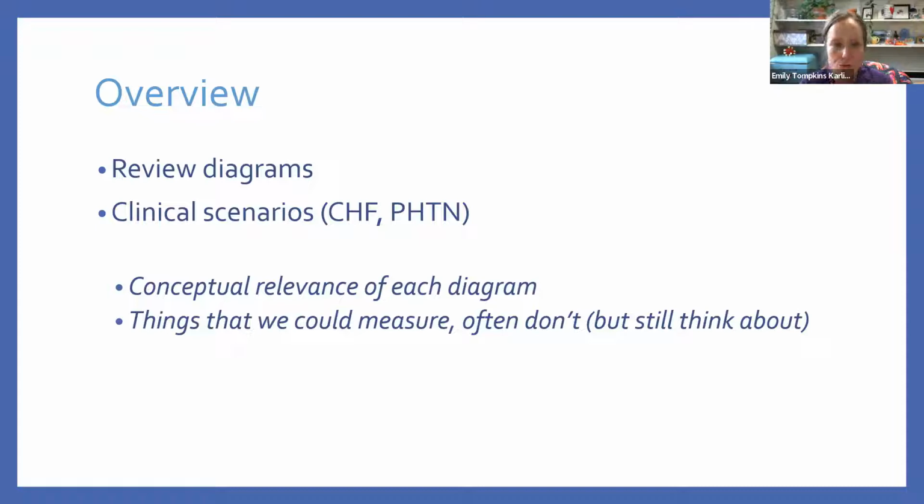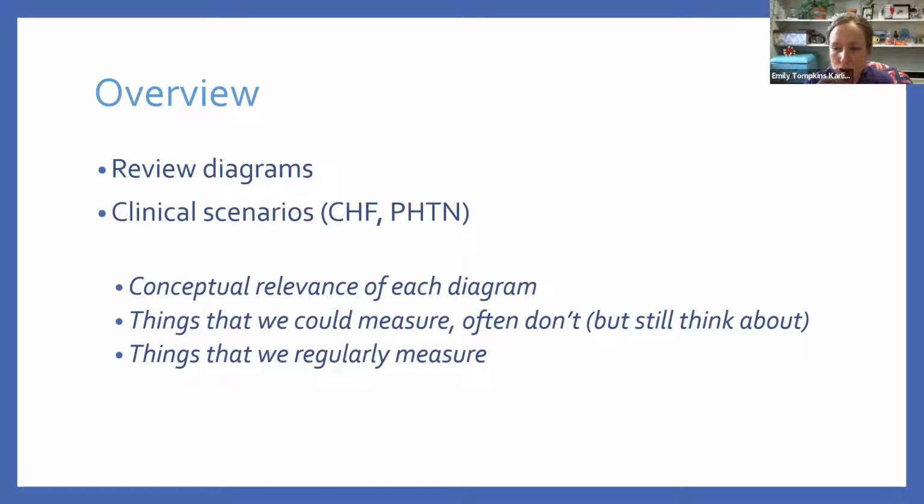We often don't do this, but we think about it all the time. We may not always verbalize the way that we're thinking about those connections when we talk about a clinical case, but there are a lot of things that we are imagining in our brain that we could physically go and measure on any given animal. So we'll talk a little bit about that.